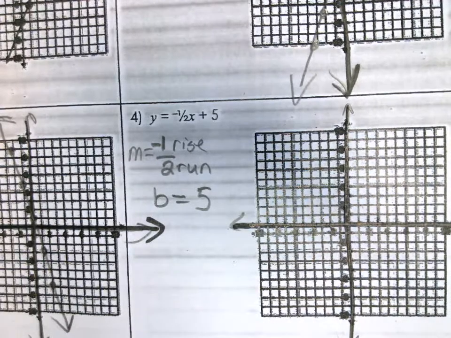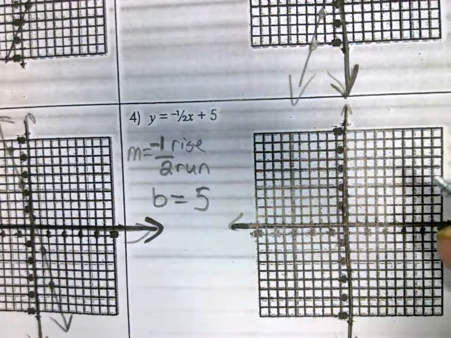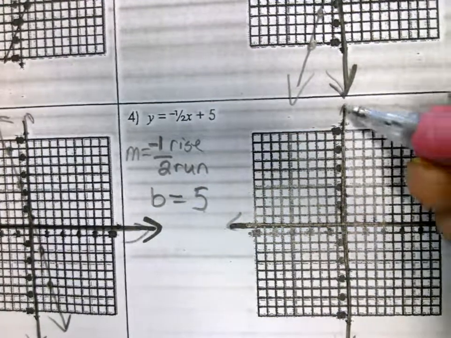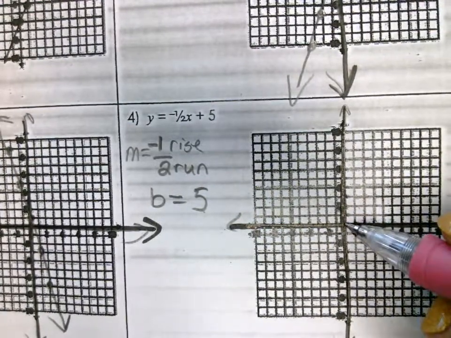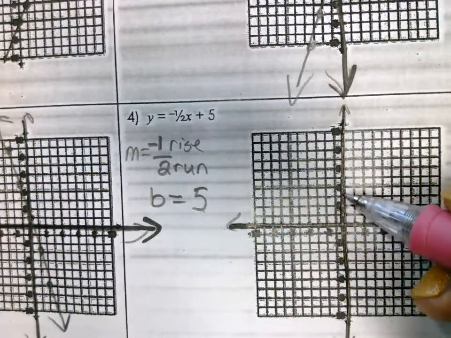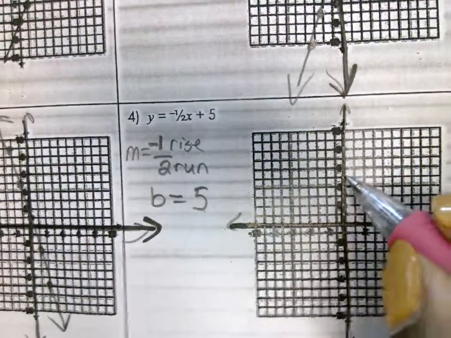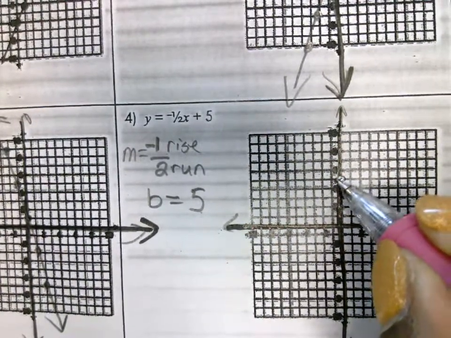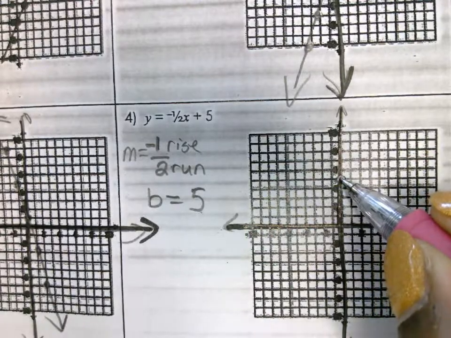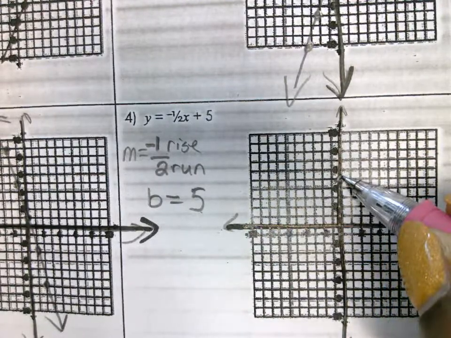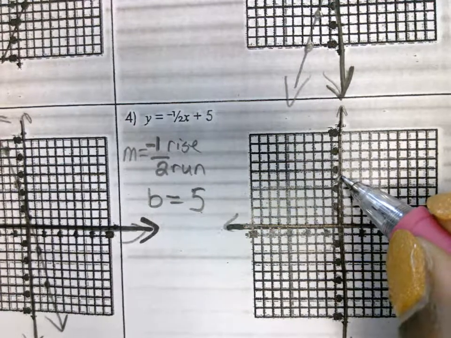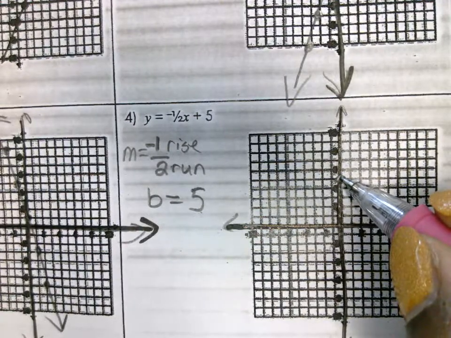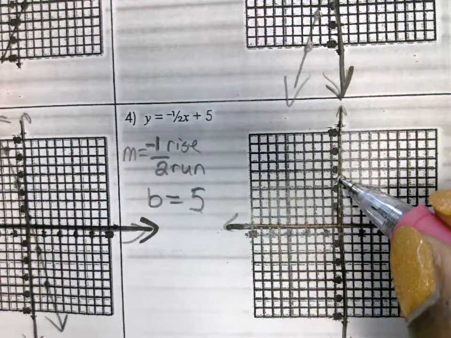Okay. All right, so now you're going to find 5 on the Y-axis. Start at the origin, go up 1, 2, 3, 4, 5. This is where we start. It's your starting amount. From here, where am I going to go? You going to go down 1/2 of it? No. What's my rise? My rise is negative 1.